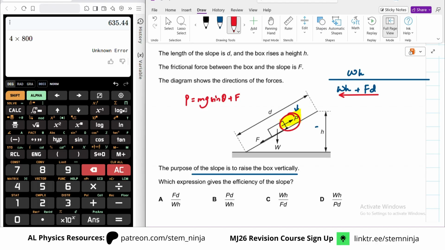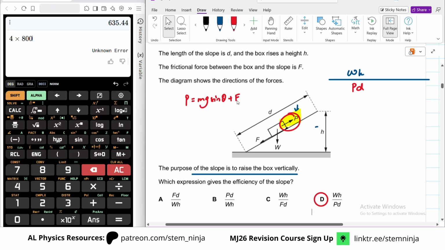We do know that P is the force that is being applied. So the work done by P is actually the input, but the work output is WH. So D, the simplest explanation.